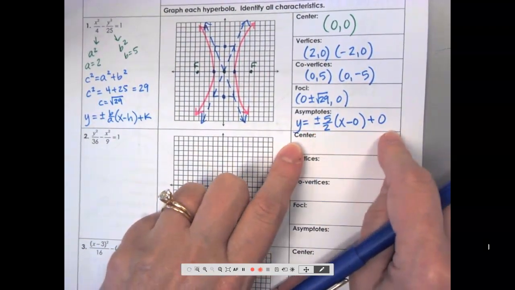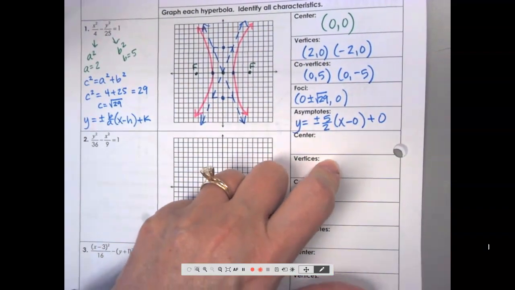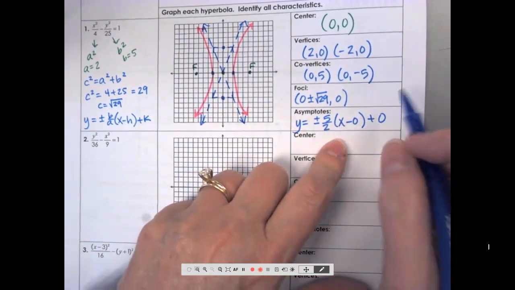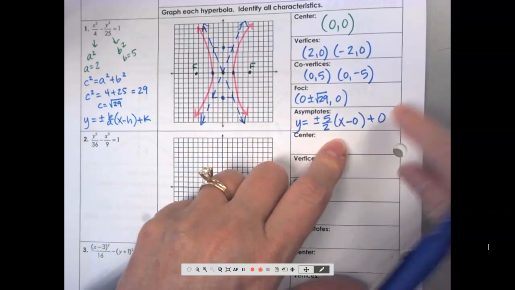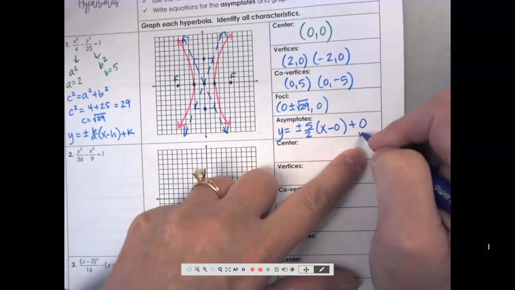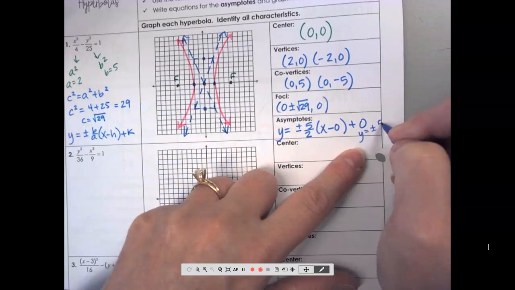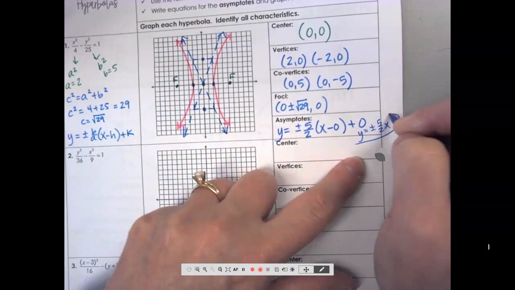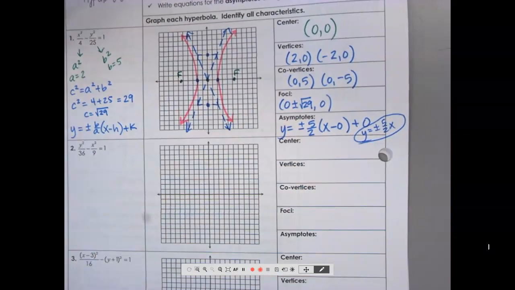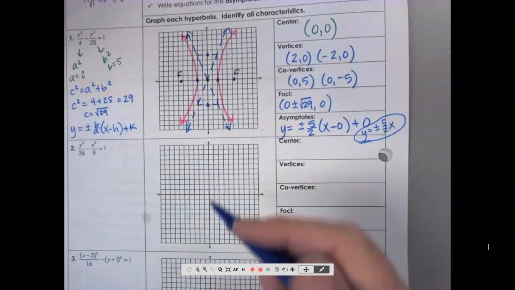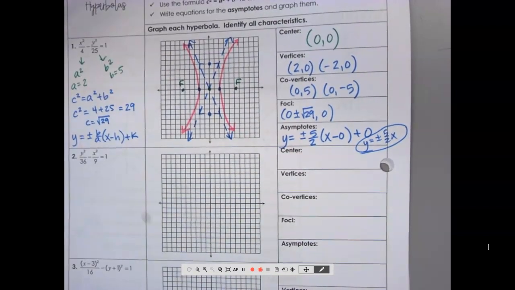Or if you want to distribute and get the full y equals mx plus b, then those zeros aren't going to change anything, right? It would just be y equals plus or minus 5 halves x. So you have that positive slope of 5 halves, negative slope of 5 halves, representing each of those asymptotes. It's a lot of stuff, isn't it?